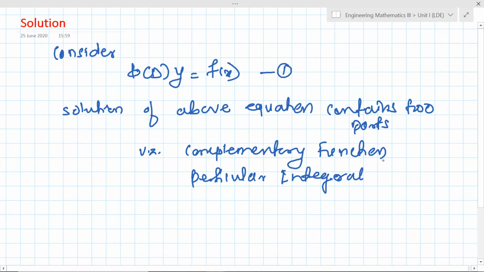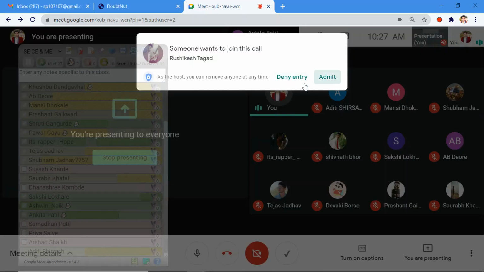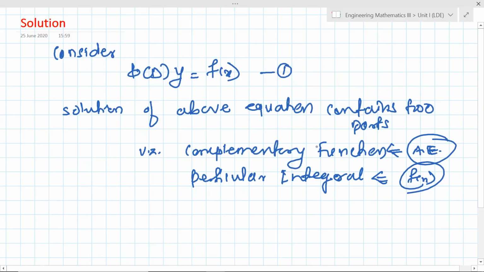The complementary function depends on the auxiliary equation, that is, the nature of roots of the auxiliary equation, and the particular integral depends on the nature of f(x). We have different cases for this f(x) in different methods that we will discuss later. First of all, we will see the complementary function.